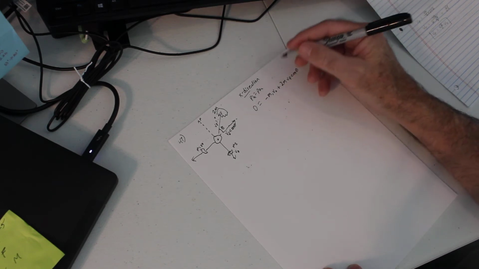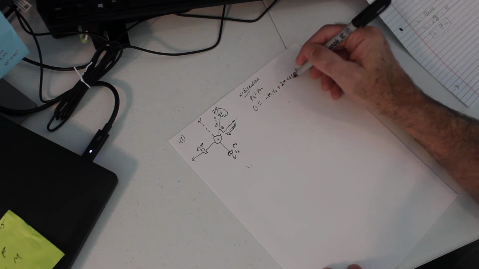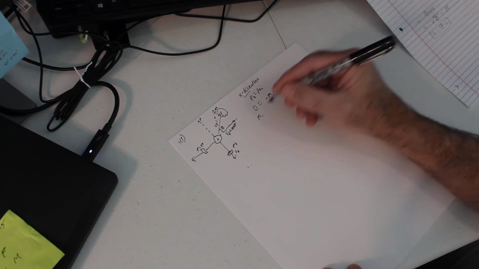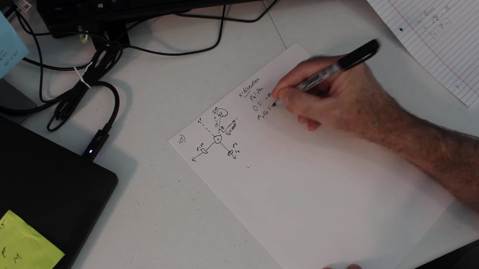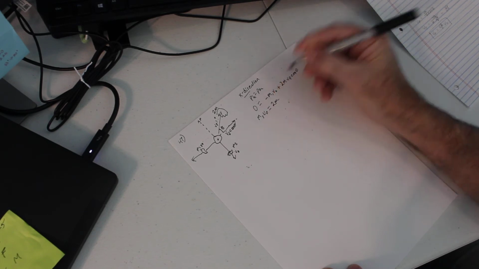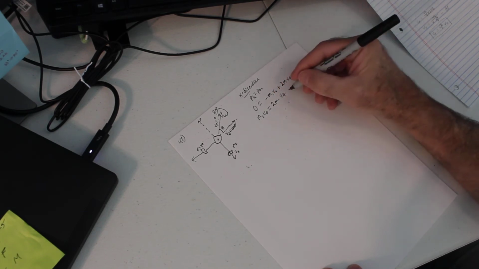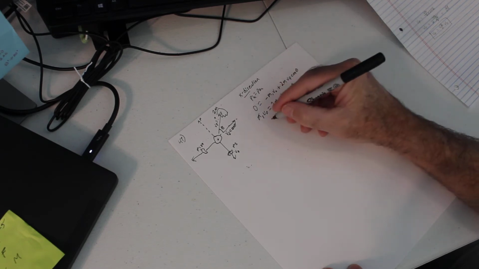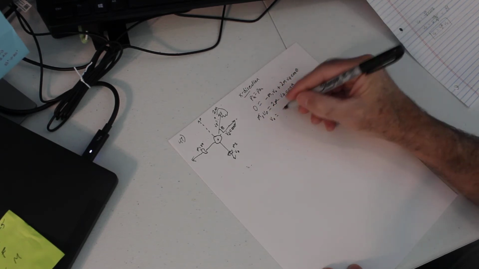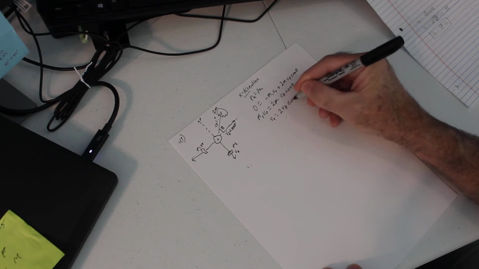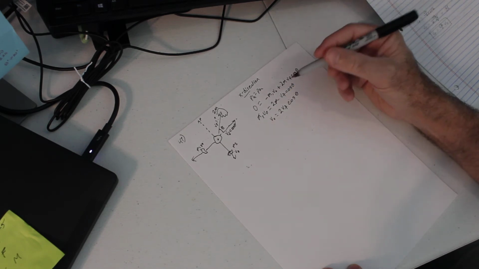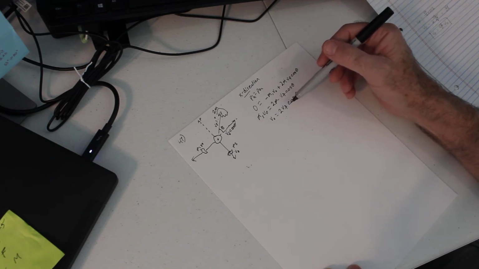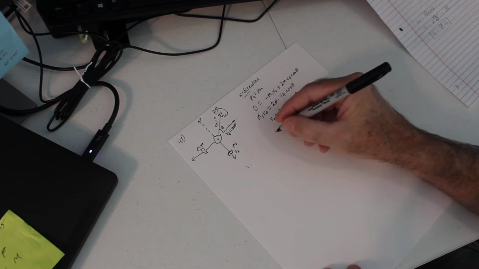Let's move this over so we can get it ready to solve. It is equal to 2m v final cosine theta. Notice we can divide by m, the m's go away, and this becomes just v0 is equal to 2v final cosine theta. Now we don't know theta, we don't know v final, so we can't solve that.